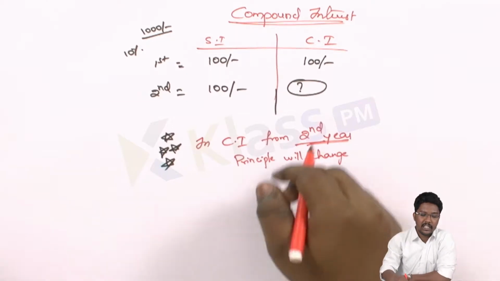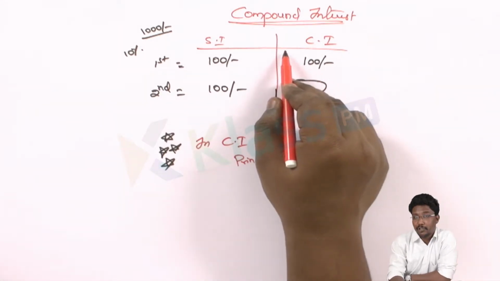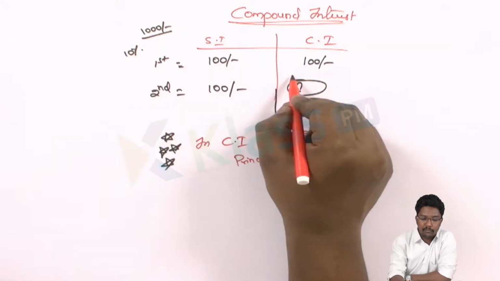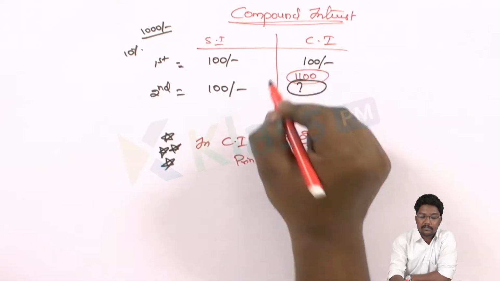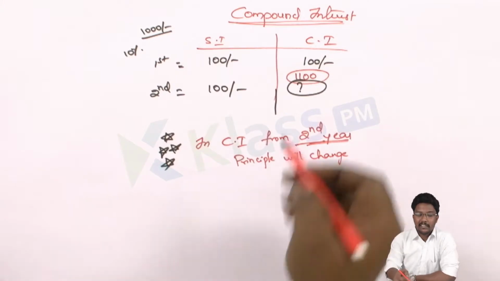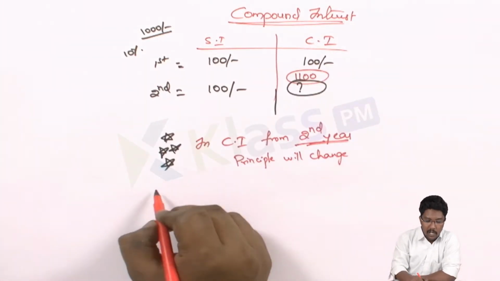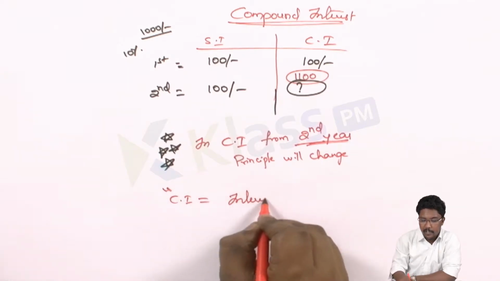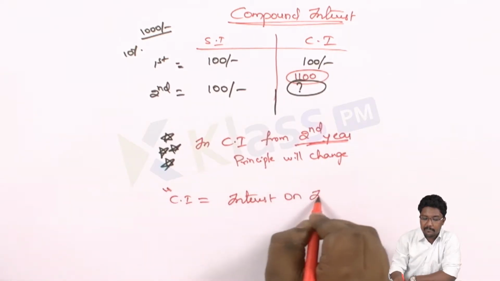For the first year, I have to pay 1000 rupees as my initial value and 100 rupees extra. For the second year, the principal will be changed to 1100 rupees because he will consider the interest. So, compound interest is nothing but interest on interest.